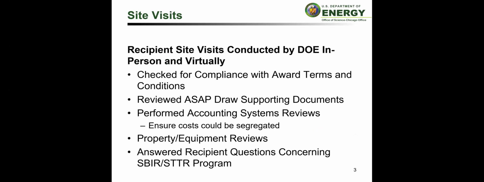We looked at companies' accounting systems to ensure that they could segregate costs, allocate costs properly, and that DOE wasn't being charged for projects other than what they should be. We also looked at companies that had equipment under their awards. We looked at property control systems, whether or not you could actually find that piece of equipment that you said you purchased. And we also answered many questions about the program.